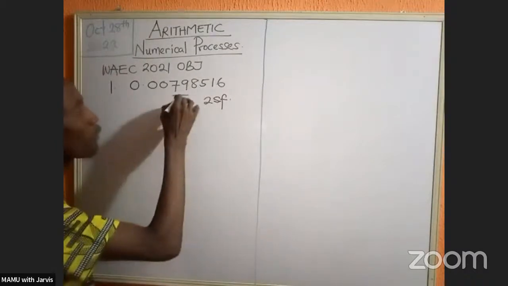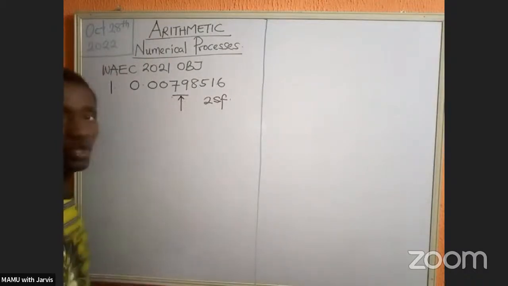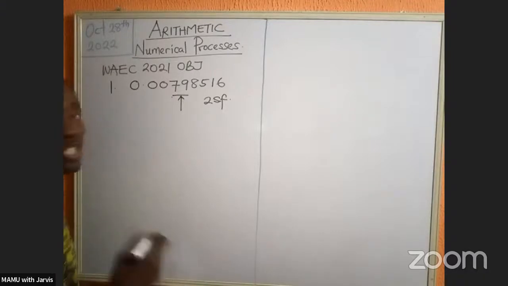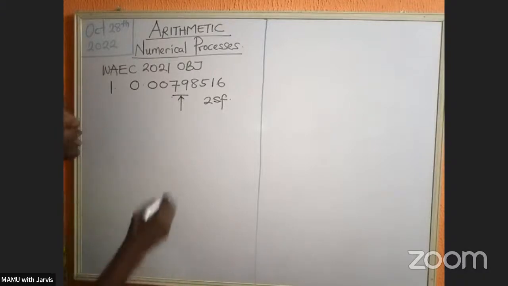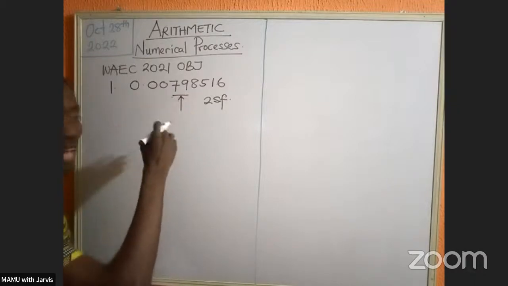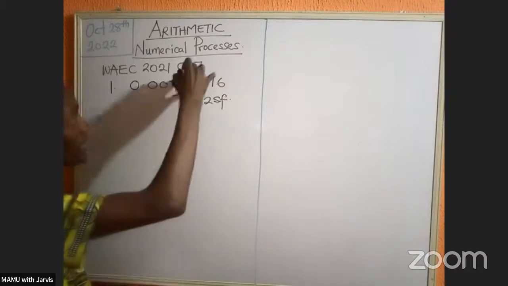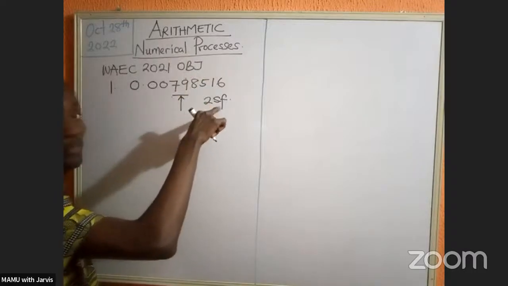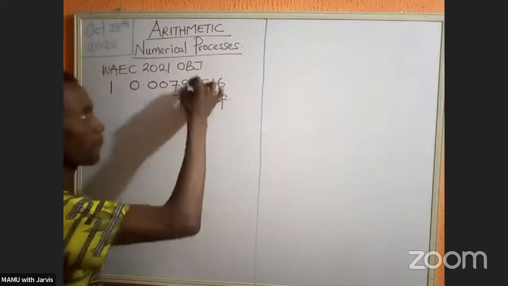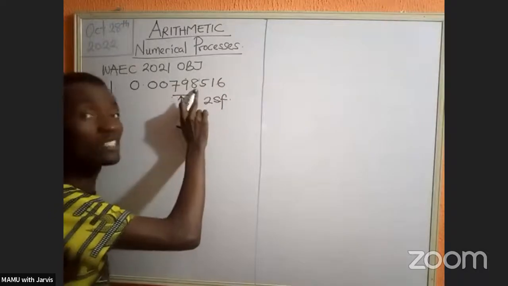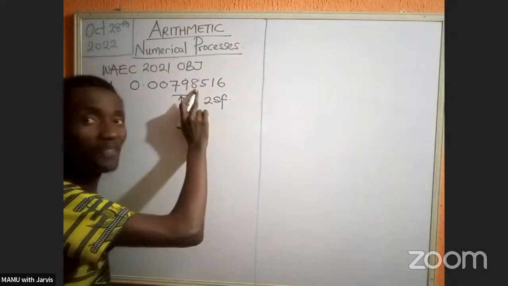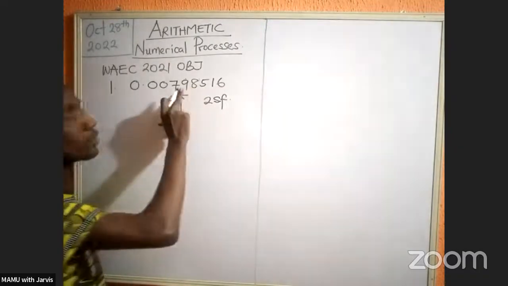Now, the next thing we want to do is to use the concept of the digit of interest and the digit causing the approximation. This is the digit of interest, the second, since you are told 2 significant figures, and this is the digit causing the approximation. If this digit is 5 and above, we add 1 to these digits.